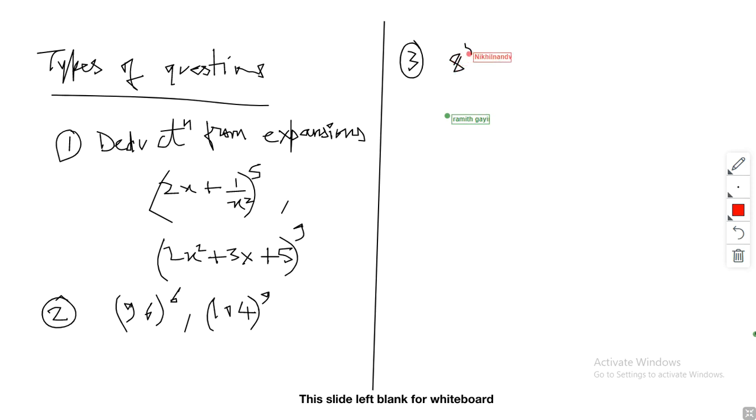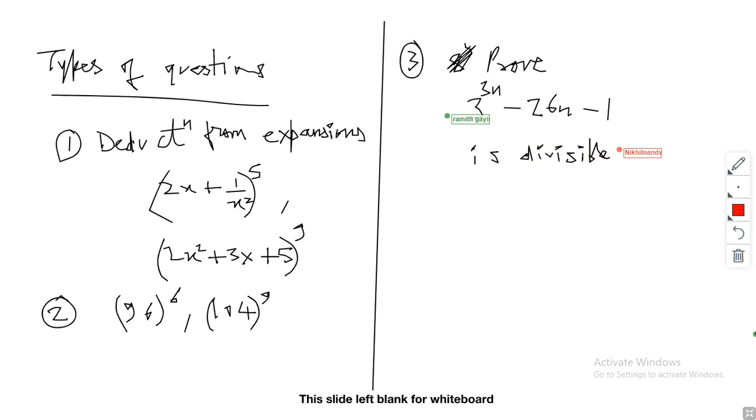Prove or check whether 3^(3n) minus 26n minus 1 is divisible by 676.